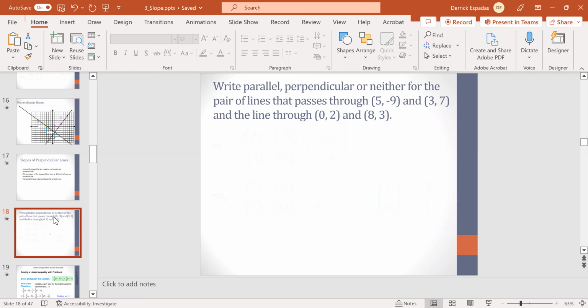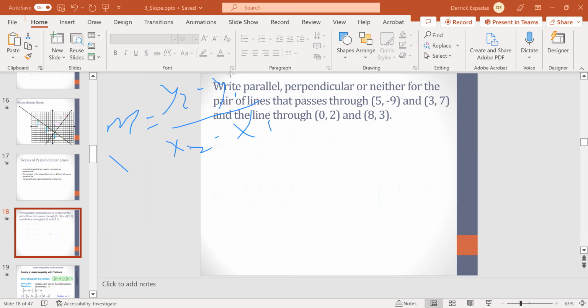We're going to start with our formula. M equals y2 minus y1 over x2 minus x1.